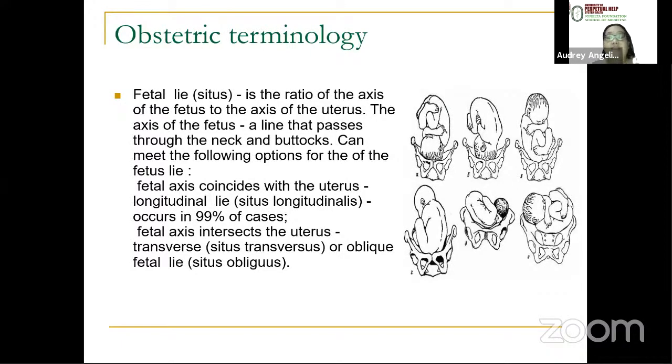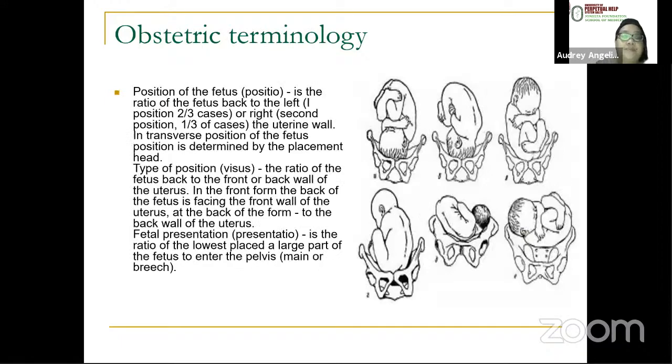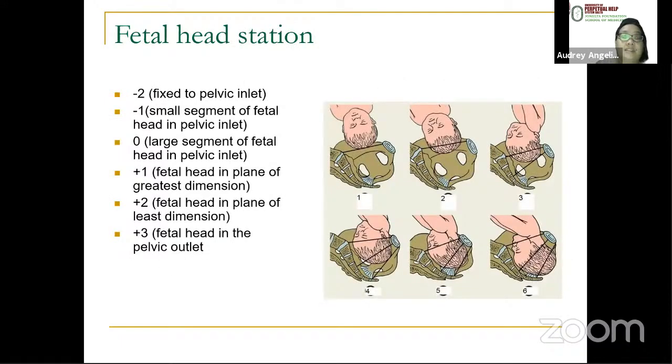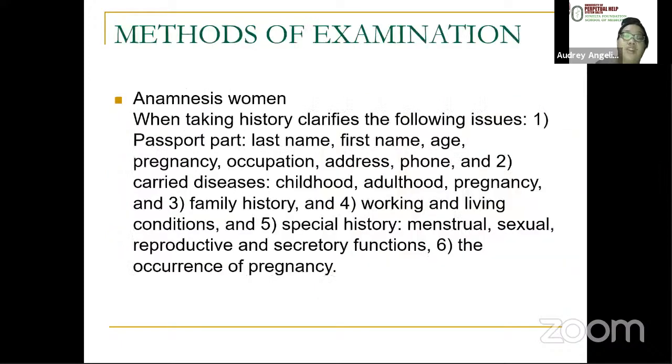Although 97% to 99% would be cephalic and seldom will we get the other presentations. Okay, and this would depend on your station. Okay, this would be in relation to your anterior superior iliac spine.